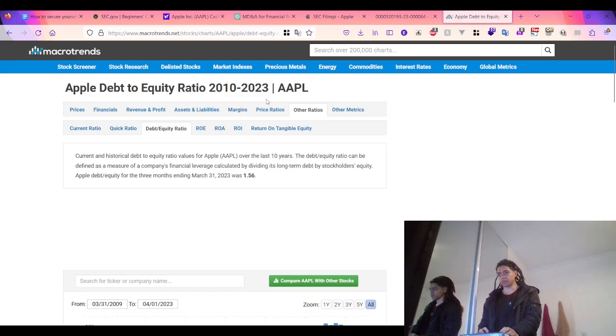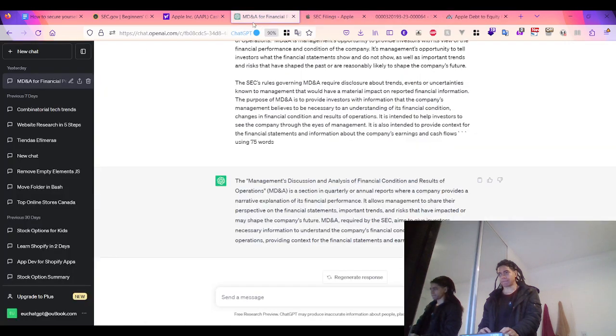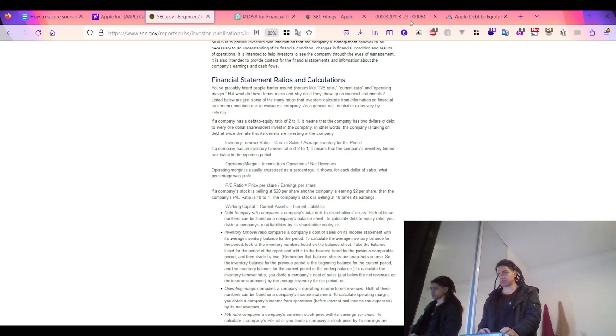Operating margin, this is something that they don't mention.